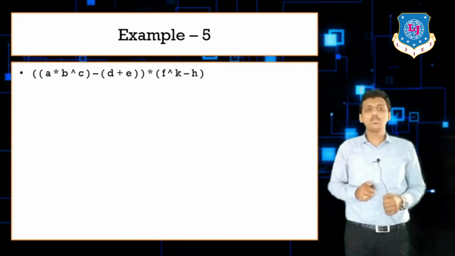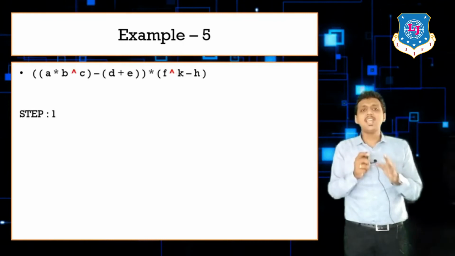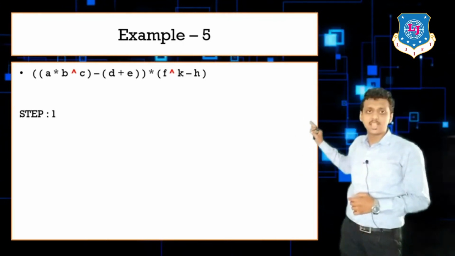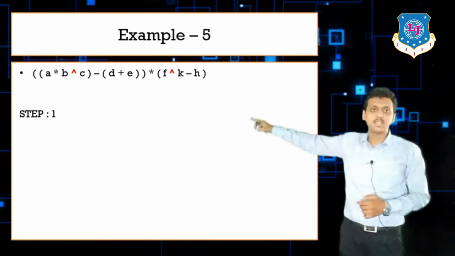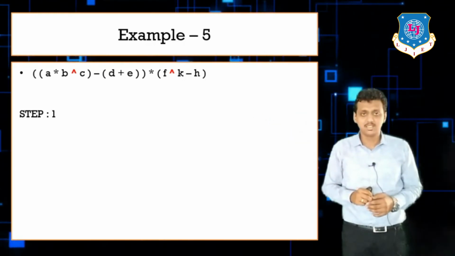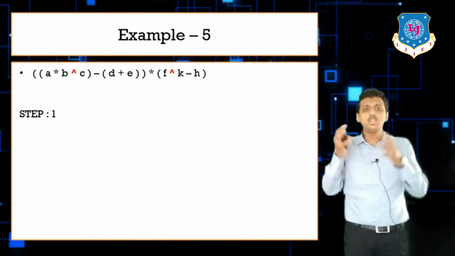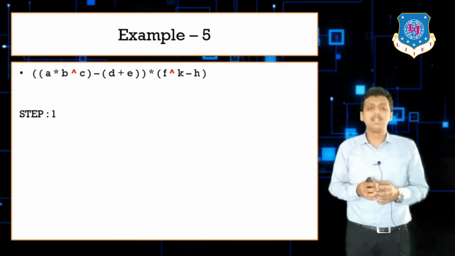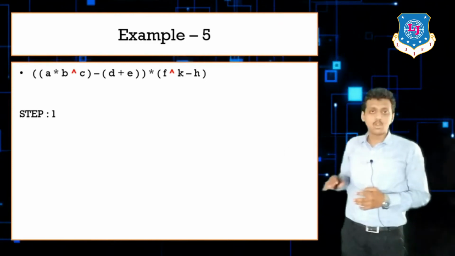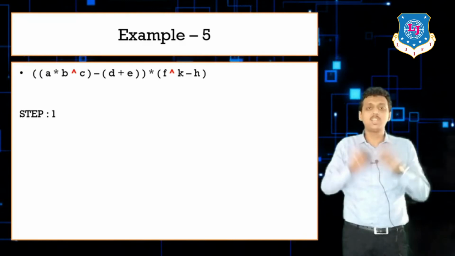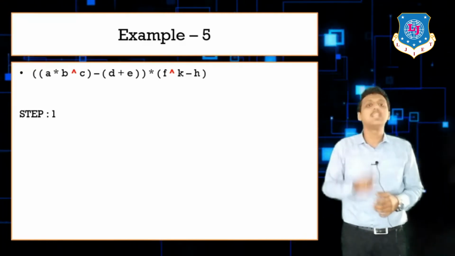So what I'm going to do, students, is that I have two separate brackets: first F caret K minus H, and then A star B caret C. I'm just going to take the individual terms simultaneously to solve my answer quickly, because both terms are not dependent on each other, so I can solve it easily.